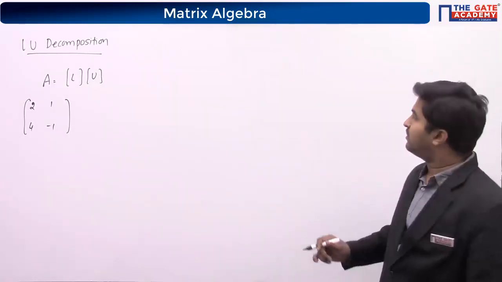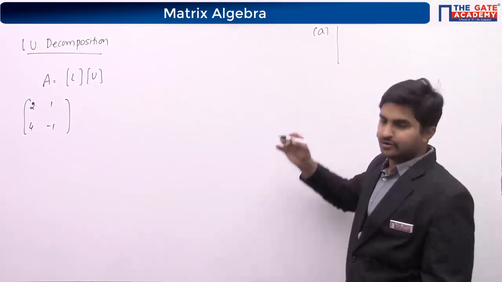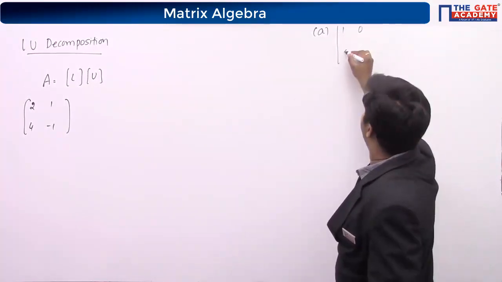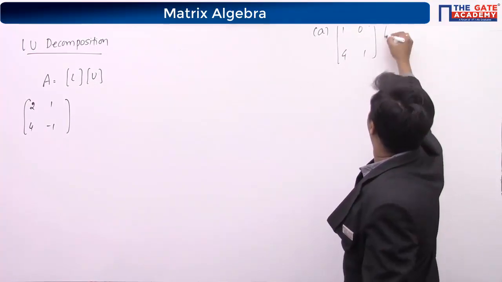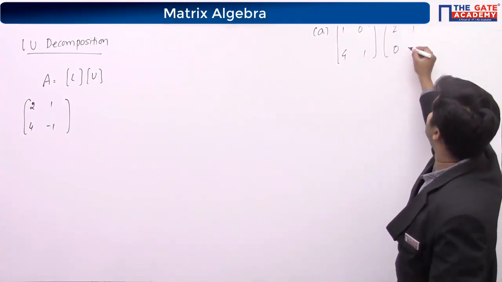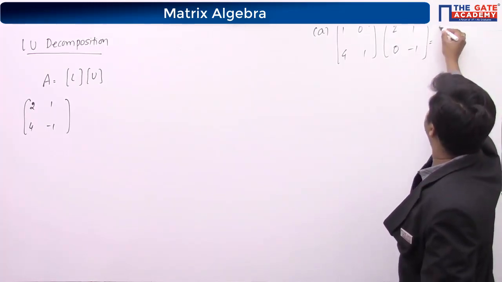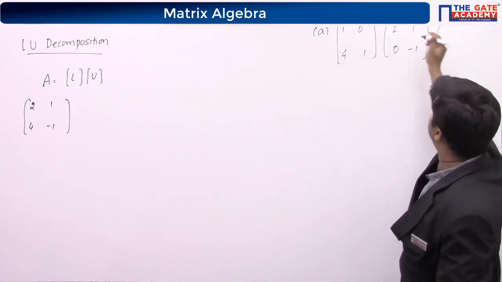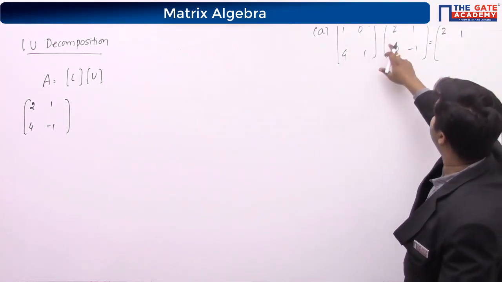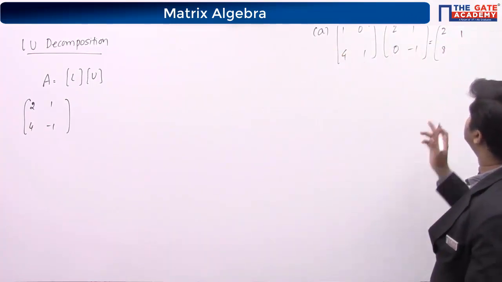Let us check the first option: 1, 0, 4, 1 multiplied by 2, 1, 0, minus 1, which equals 2, 1, 8. But we want 4, so this cannot be the answer.